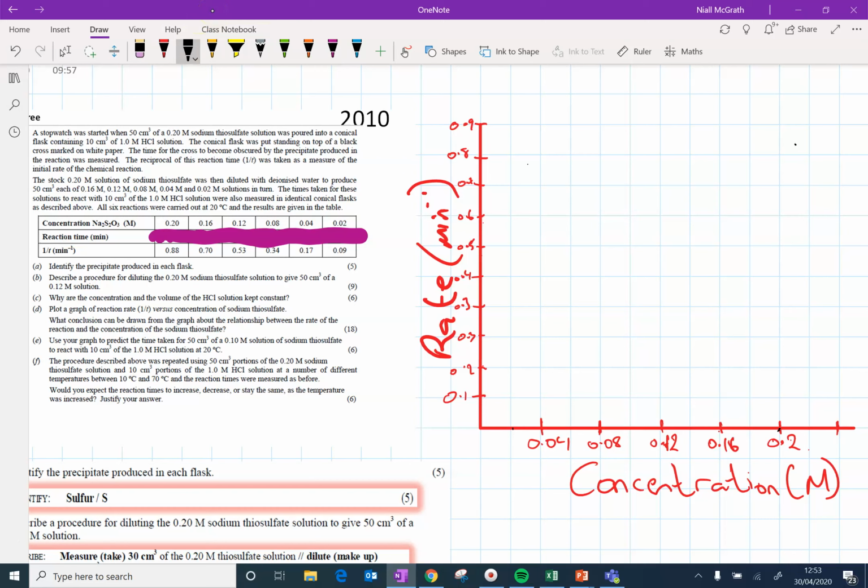Okay, so our first point is 0.2, 0.88. So 0.2 is over here on the right hand side. We're going to go up to 0.88, which is almost 0.9. Of course yours would be more accurate on a piece of graph paper with your pencil than digitally on here.